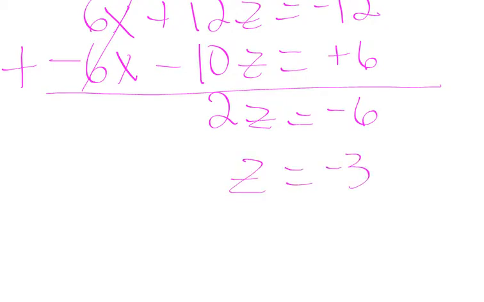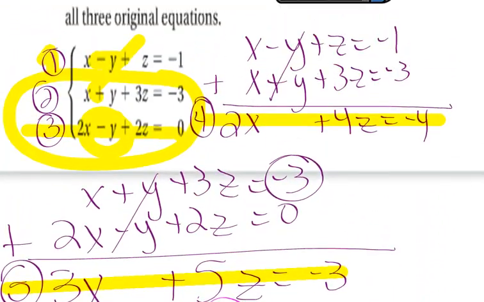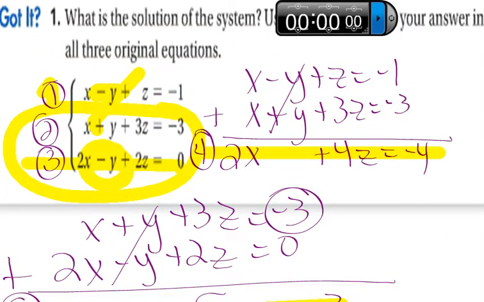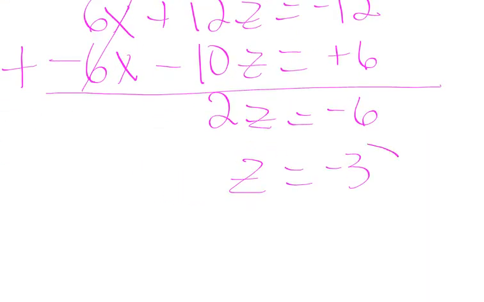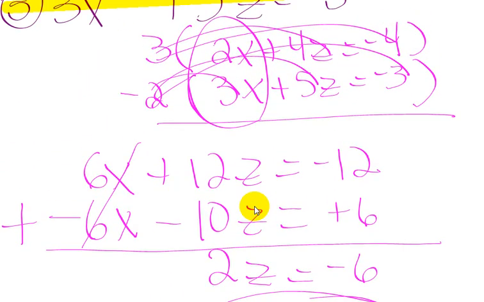So there's the first of our variables. I'm going to go back up here. We're going to have an x, a y, and a z, which is negative 3. And our next step now is to plug this negative 3 for z into either equation 4 or 5 and solve for x.